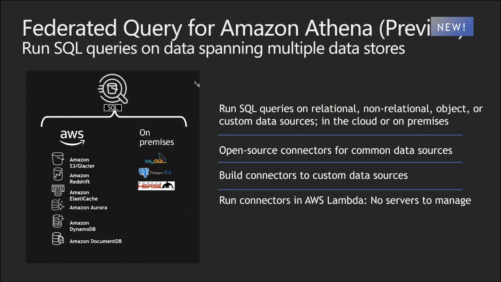And then finally, Federated Query is where you run SQL queries from Athena on multiple data sources, and Aurora is one of them. So basically, you can run a SQL query that will read from Aurora in addition to S3, DynamoDB, Glacier, Redshift, Elasticache, all of these different AWS database services or storage services.